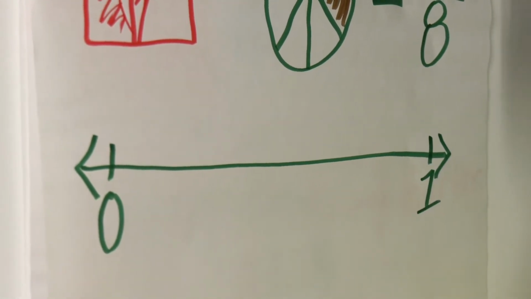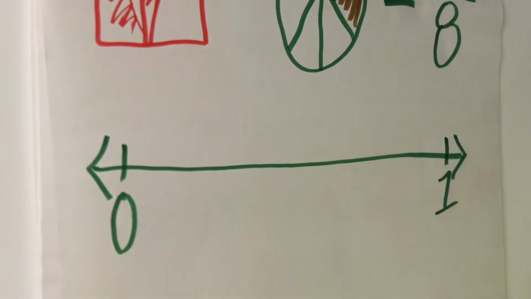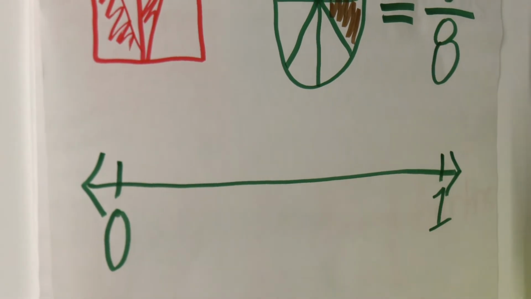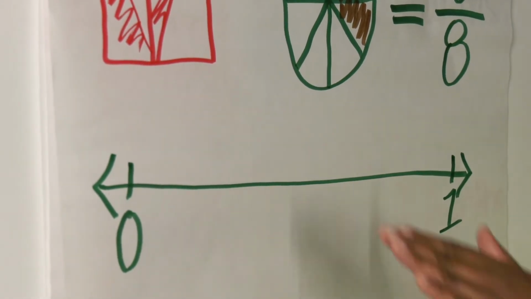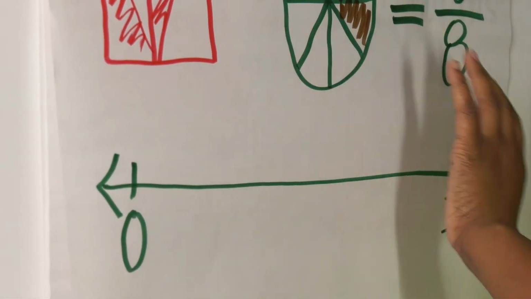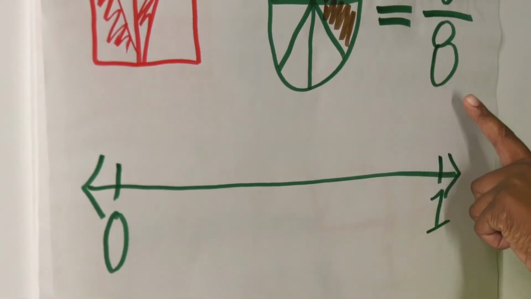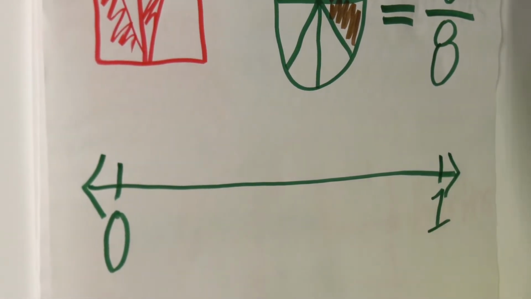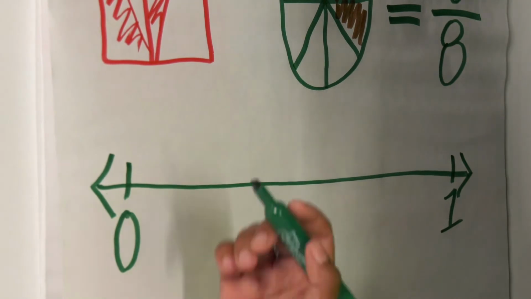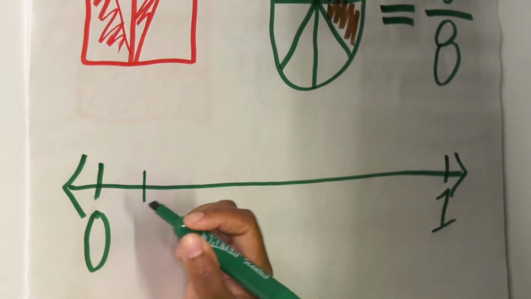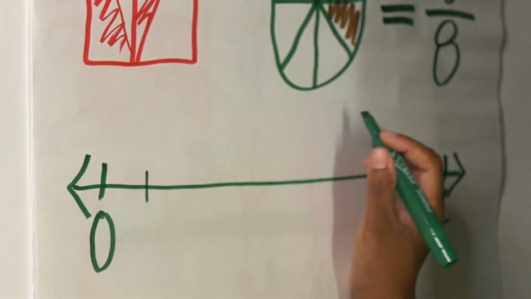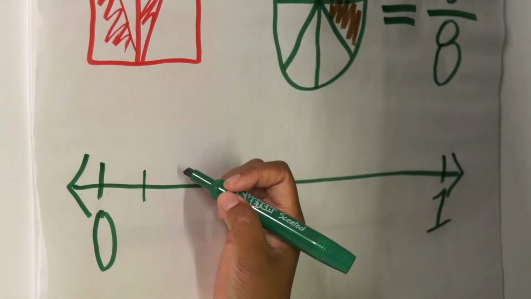Remember our number line, the 1 represents the whole value. What was our whole number in this example with the circle? It was 8. So that means I'm jumping 8 times before I get to number 1.